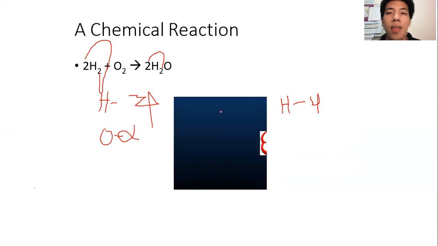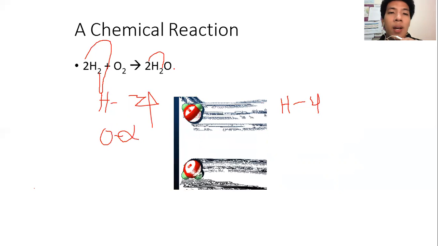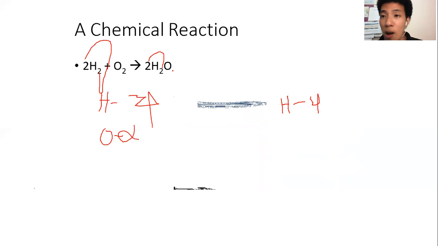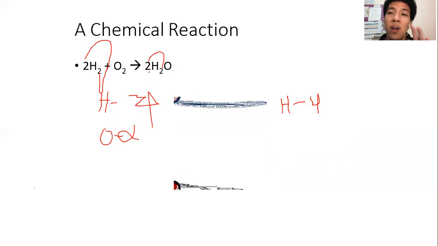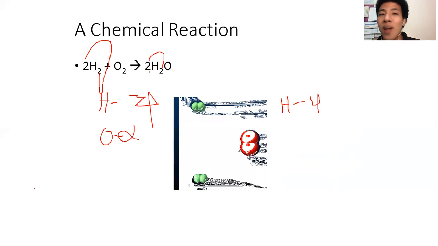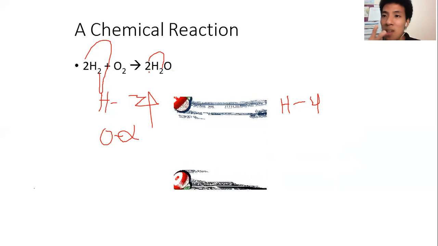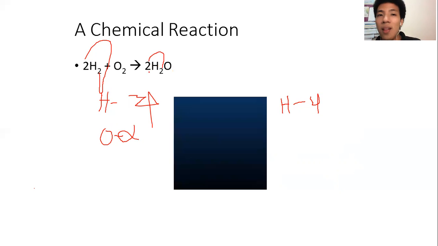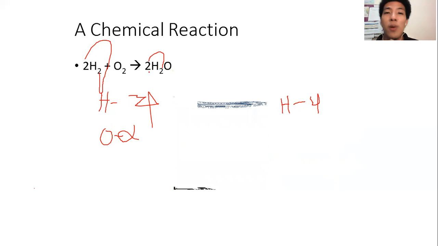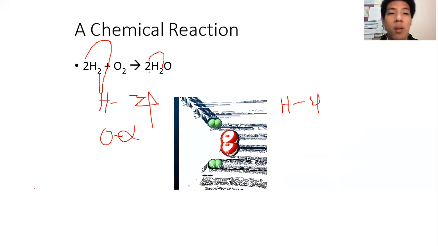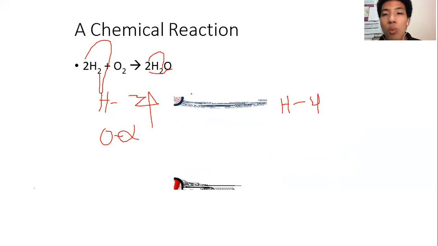For the oxygen here, you don't have any subscript, but you have the coefficient because it is part of the given equation. So you multiply 2 times 1, because you have only one subscript for the oxygen. So 2 times 1, you will have 2.